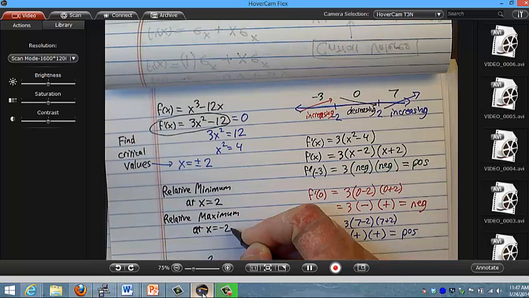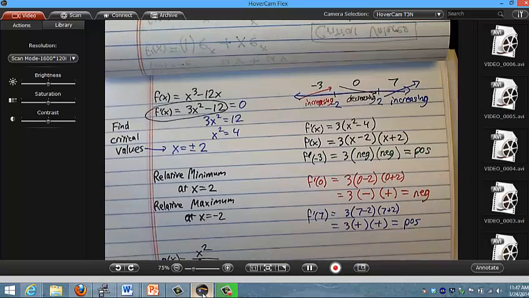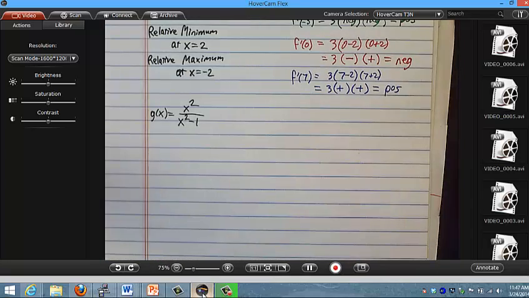Now, by the way, here's a question you might ask. Do you always have a relative maximum or a relative minimum at a critical value? And the answer is no. You're going to find when you do the homework tonight, there will be times that you do the derivative test, and maybe what you get looks like this.